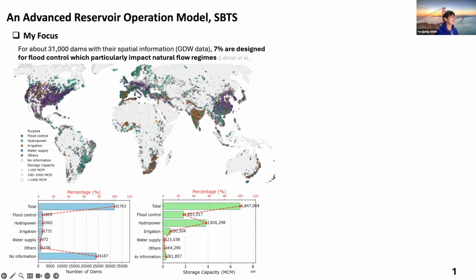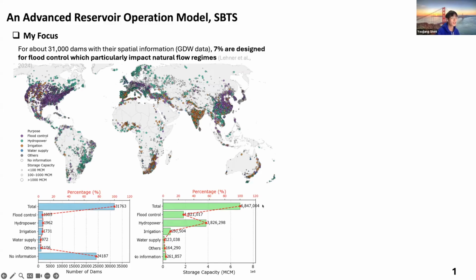So we know that globally there are many reservoirs built worldwide in global rivers, and here we found that according to the most recent GDW dataset, there are about 31,000 dams with spatial information mapped on the global rivers, and 7% are designed for flood control, which particularly impacts the natural flow regimes.